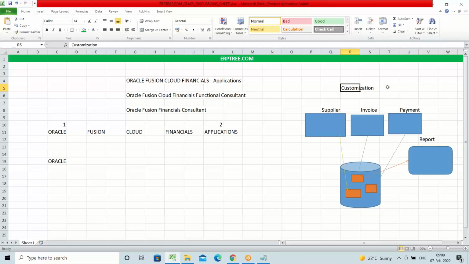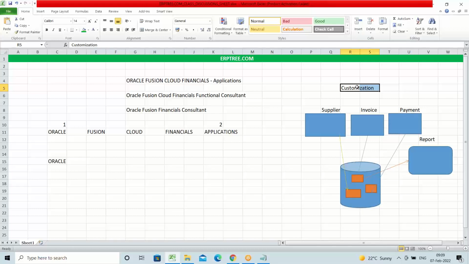It's not a bridge in general; only in scenarios where some customization needs to be done do we work as a bridge. Otherwise, we just work with the clients, on implementation or support. We take the requirement from the client and communicate with the technical team.